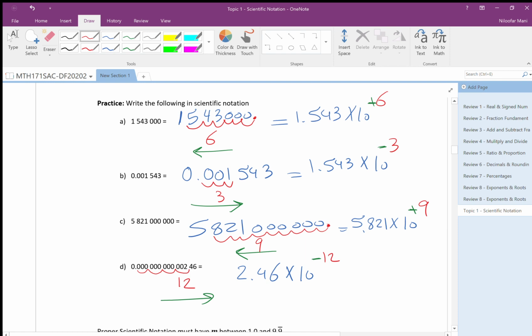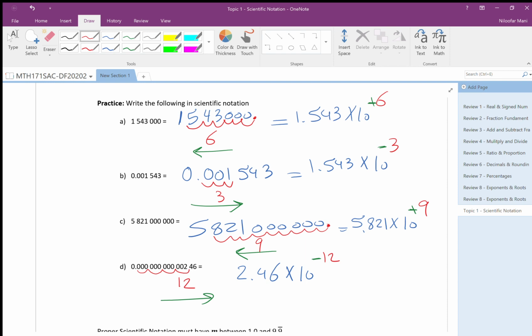Okay, so if I see a decimal, I don't touch it. If I don't see a decimal, I put it at the end. Don't add any digit. Don't round, don't remove any digit. I want to see all the digits, because sometimes I see students round it. So for example, instead of 5.821, they write 5.8 or 6.